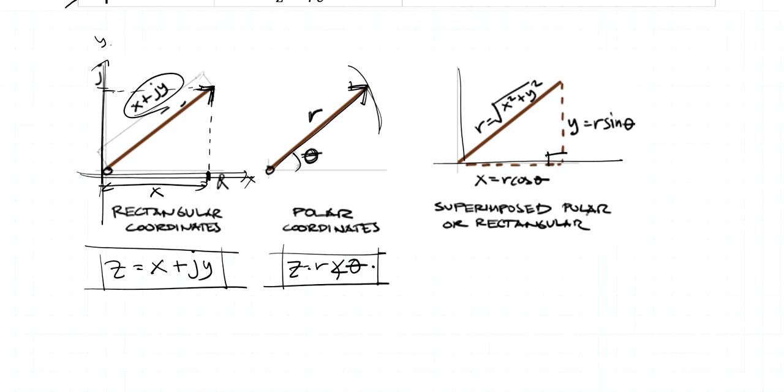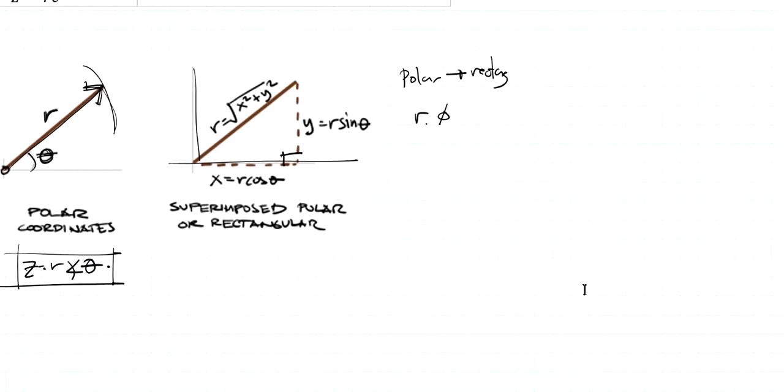So let's say we are given r and theta. How do we convert from polar to rectangular, to x and y?